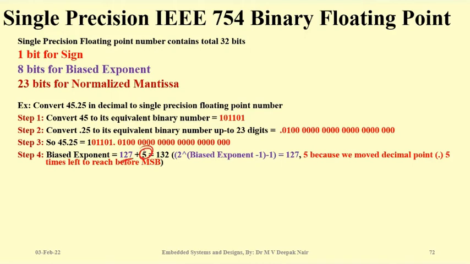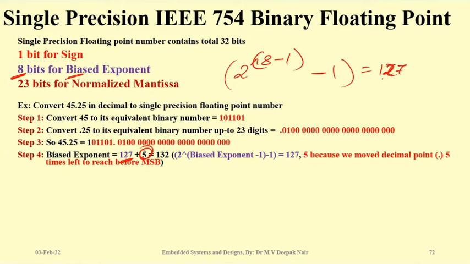Now the question is how to get this particular number 127. There are 8 bits dedicated for the biased exponent. So you follow this equation: 2 to the power 8 minus 1, minus 1. It will always be 127, so you don't have to worry about that part. So it will always be 127 for an 8-bit biased exponent.